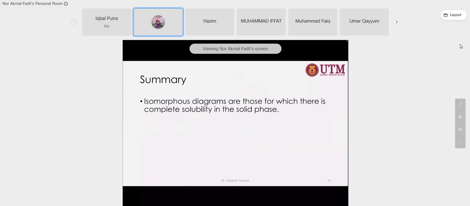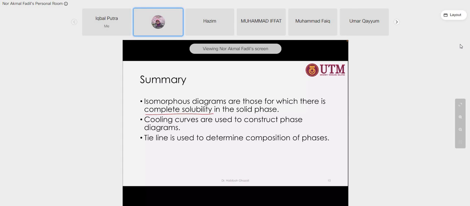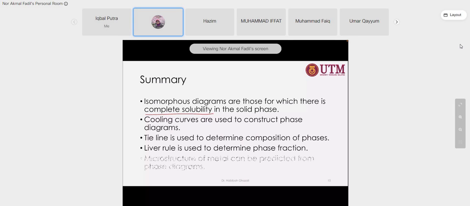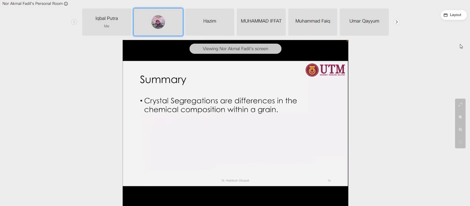Isomorphous diagrams are those for which there is complete solubility. Cooling curves are used to construct the phase diagram. The tie line is used to determine the composition of phases. The lever rule is used to determine phase fraction. Microstructure of metal can be predicted from the phase diagram.